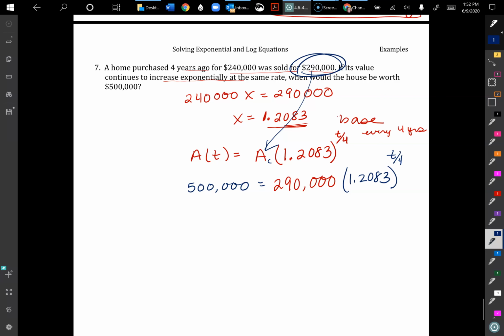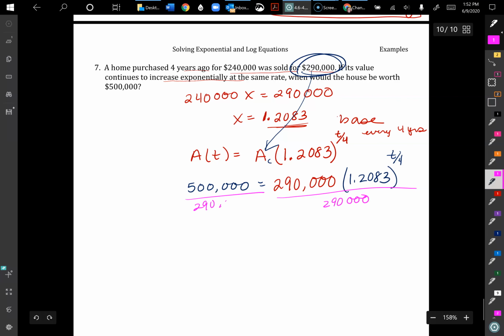So I'm going to need to use logs. So my first step would be divide both sides by the 290,000. Get rid of a lot of these zeros here. So I have 50 over 29. So I'm going to try to leave that as a fraction as long as I can. So 50 over 29 equals 1.2083. I want to avoid rounding if I can, or until I get to the end. So then I have that raised to the T over 4.